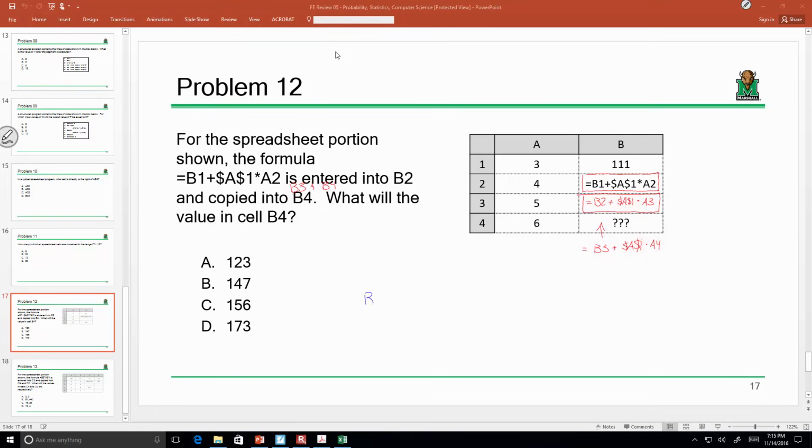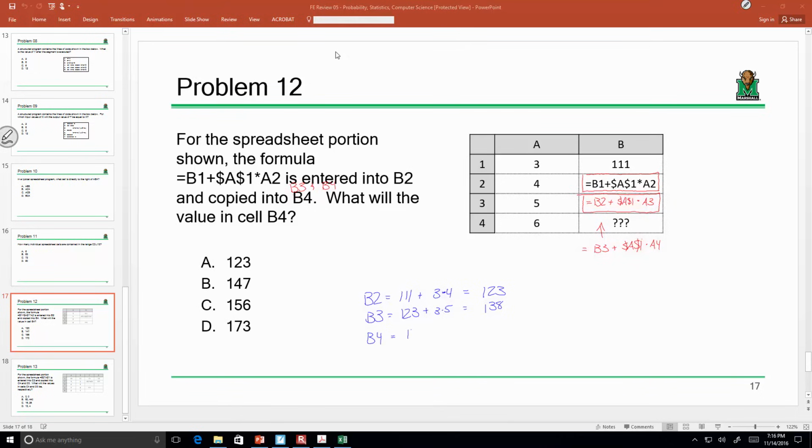B2 is going to equal B1, which is 111, plus A1 times A2, so 3 times 4. So that's 111 plus 12, 123. So B3 is going to equal B2, which is 123, plus A1 times A3, 3 times 5. So 123 plus 15, 138.